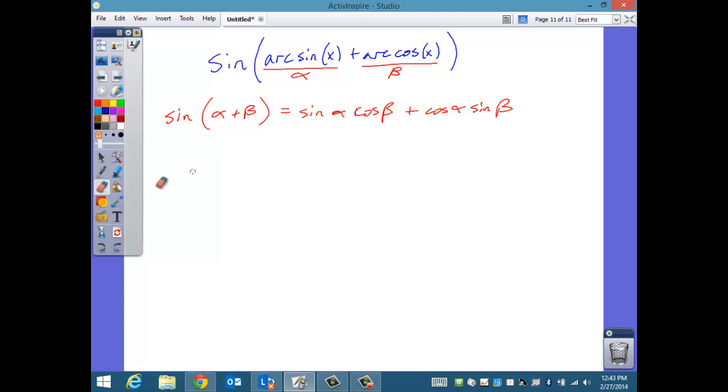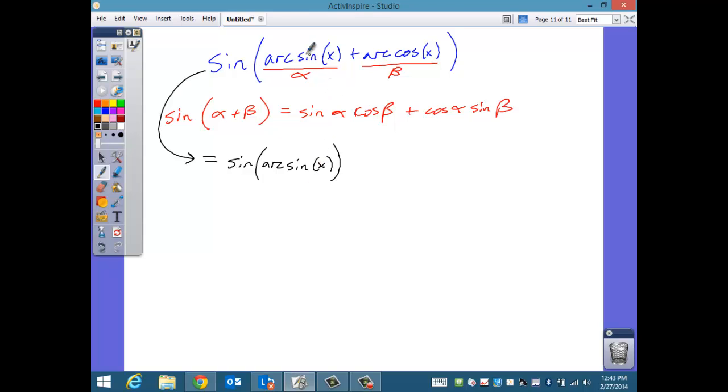All right, now what do we do? Let's plug in our alpha and beta just like that. So this is equal to, according to my identity here, sine of the first part, arcsin of x. And I'm not worried yet about the meaning of this. We'll explain that in a minute.